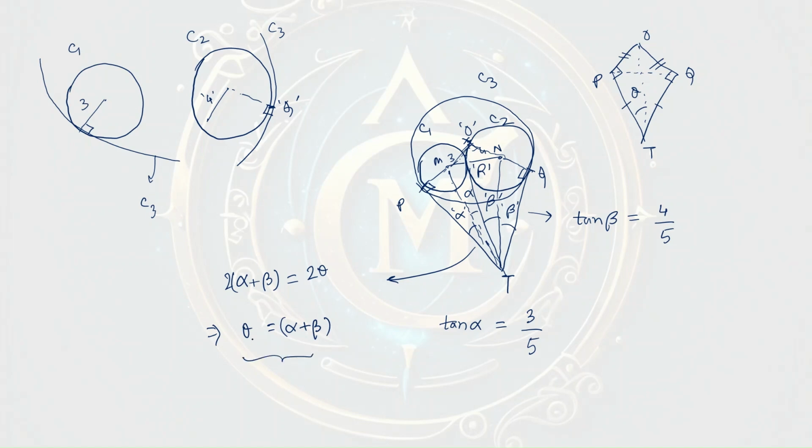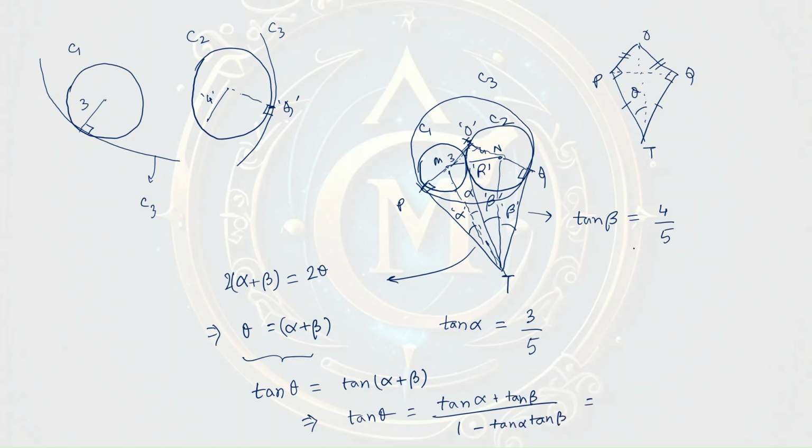Now from this relation, if we apply tan both sides, that means tan theta is equal to tan of alpha plus beta, which means that tan of theta must be, if we apply the formula, tan alpha plus tan beta divided by 1 minus tan alpha tan beta.